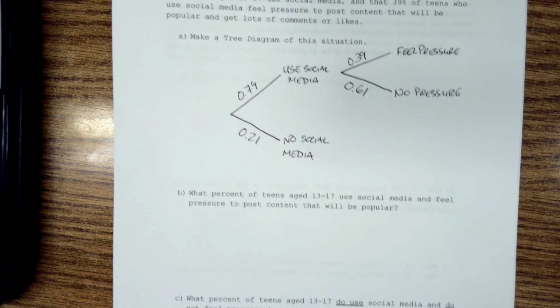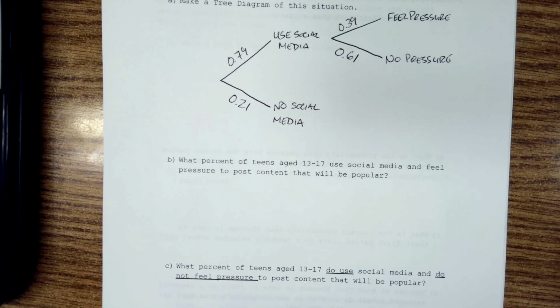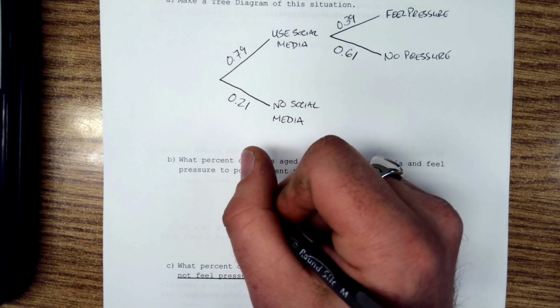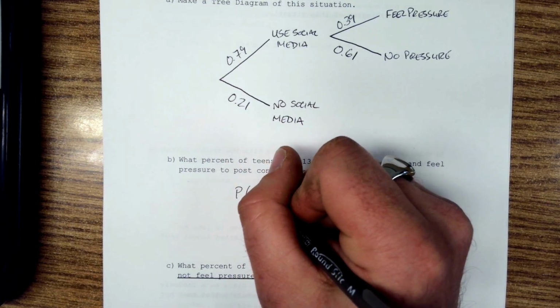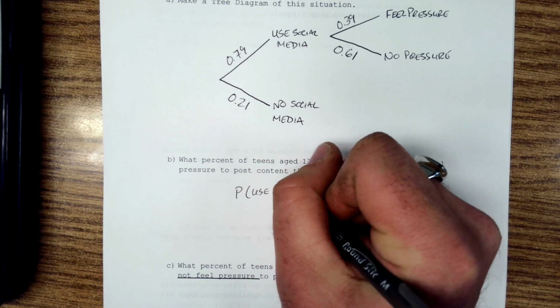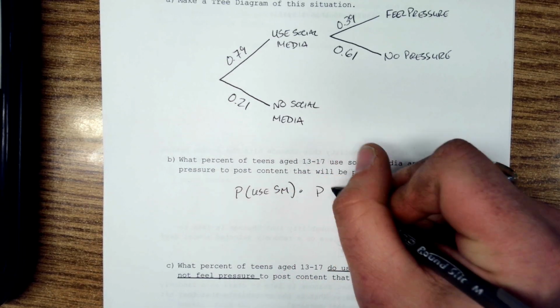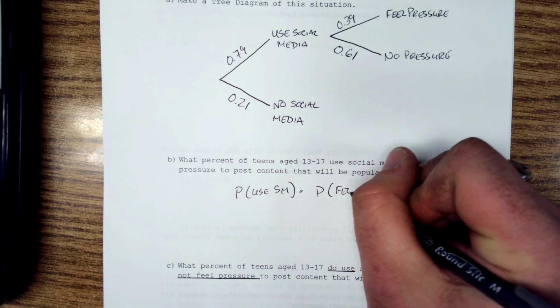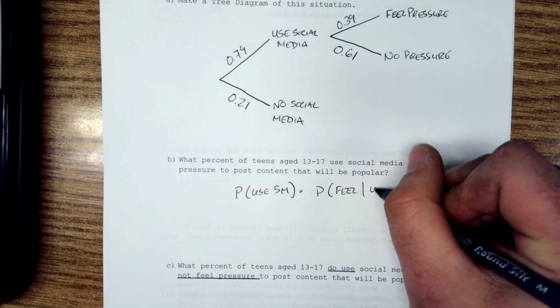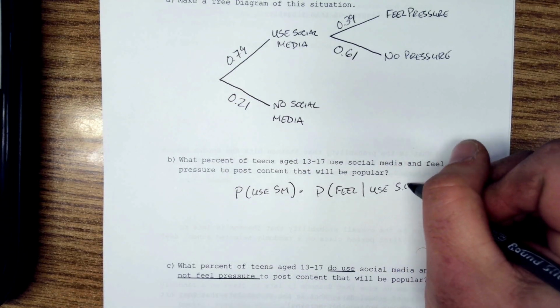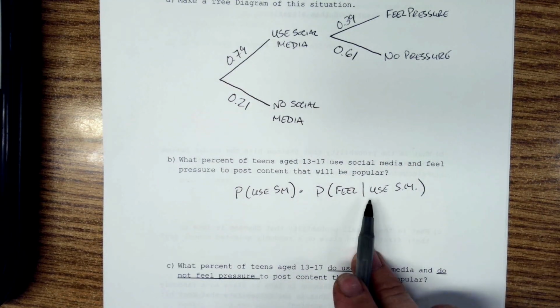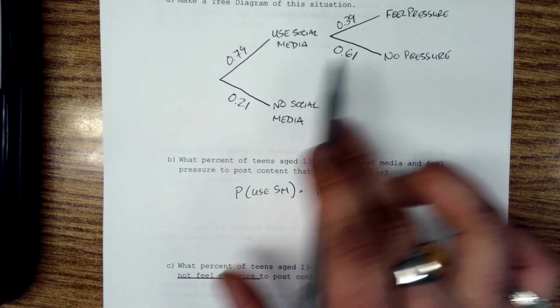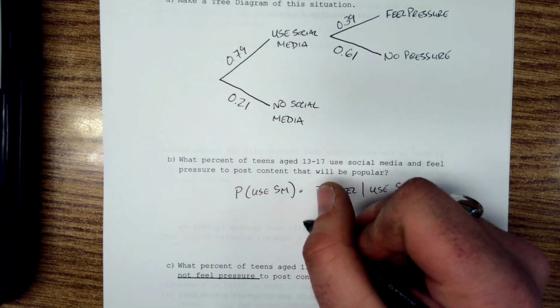So what percent of teens age 13 to 17 use social media and feel the pressure? So that would be the probability that they use social media times the probability that they feel the pressure given that they use social media. And again, all of these conditional probabilities are just from anything beyond the first branch.